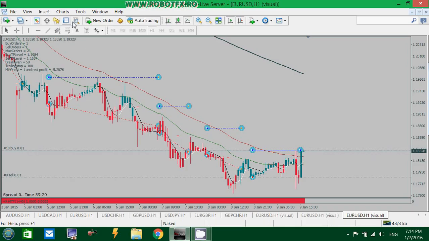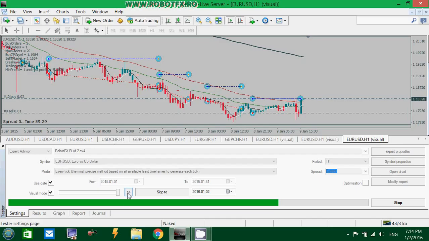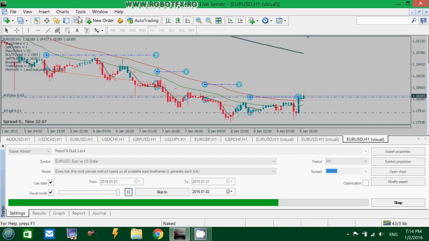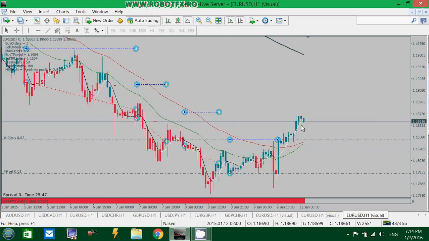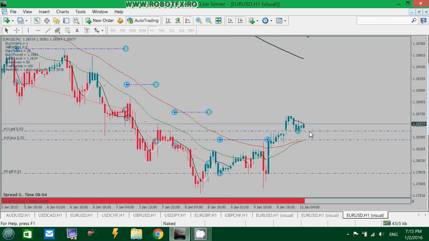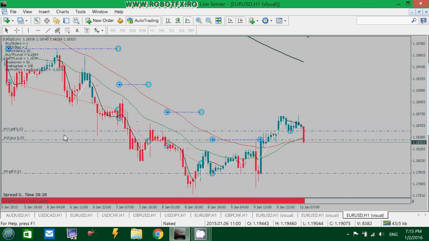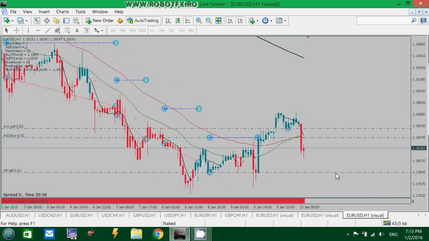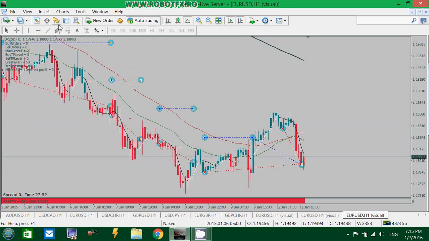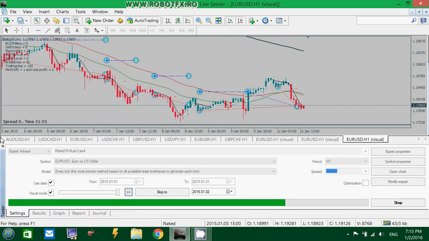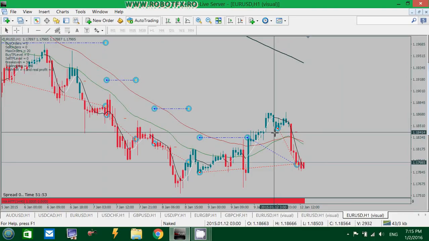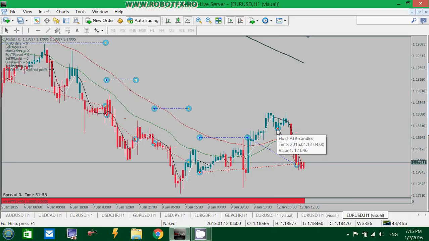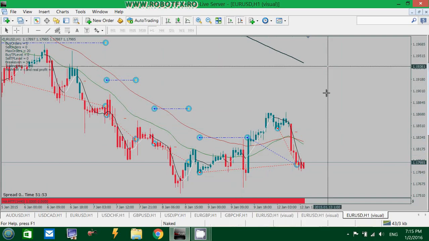Let's see. Price goes up, non-lag moving average is white. It turns and there it is, the sell 0.02. Price drops, the minimum profit. The price drops after we open this third trade, based entirely on the trend.